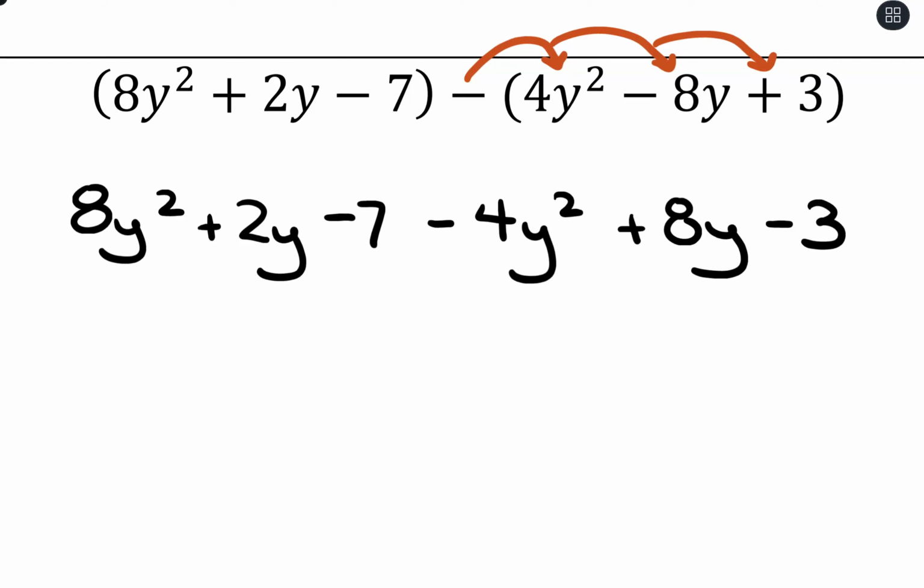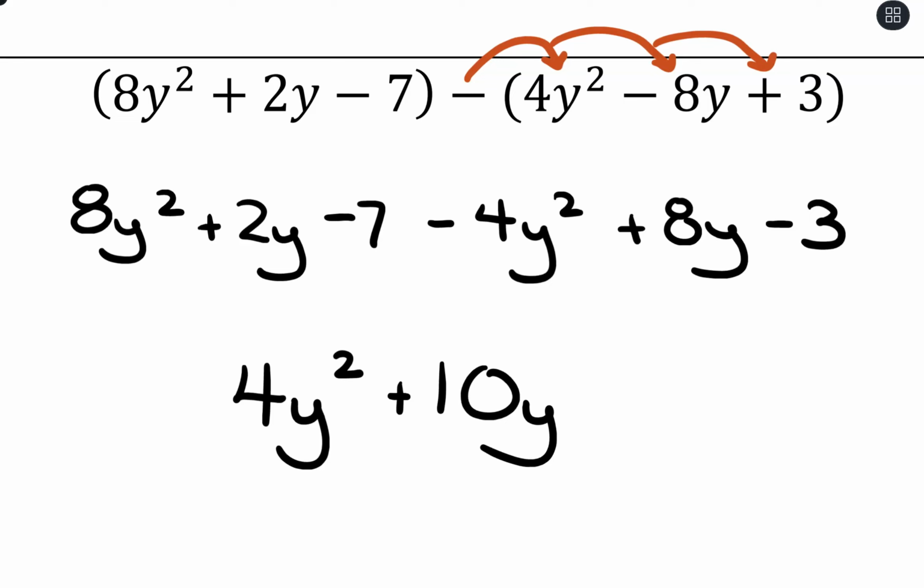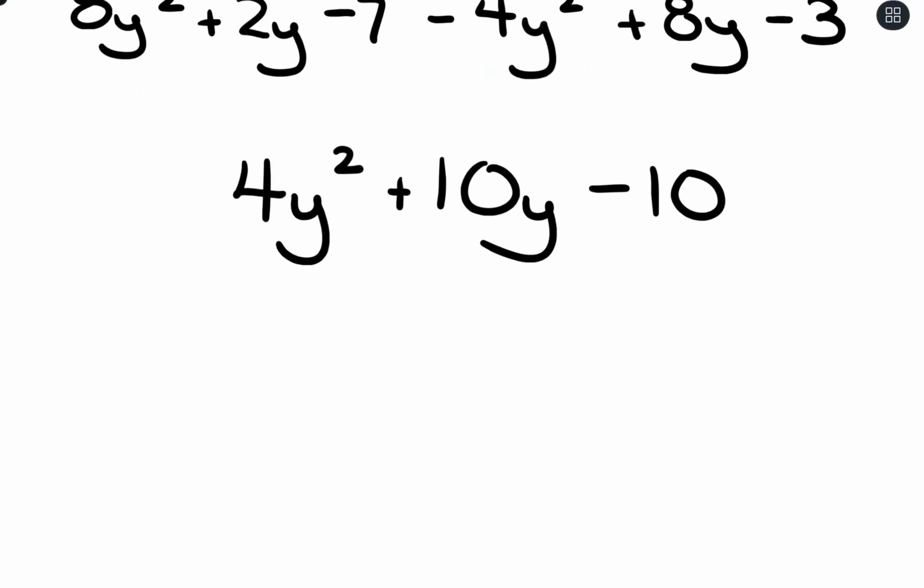And then we combine like terms, so 8y squared minus 4y squared will leave us with 4y squared, plus 2y plus 8y is a plus 10y, minus 7 minus 3, so minus 10. So this here would be a degree 2 trinomial.